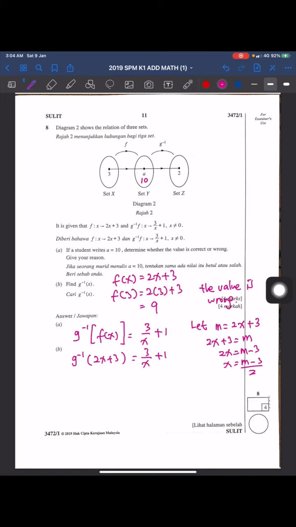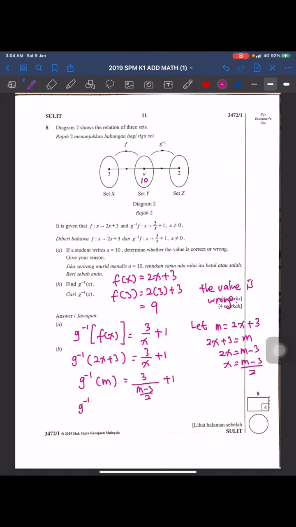So kita cuba ubah. Sekarang 2x plus 3 ini kan sama dengan m. So kita ubah menjadi g inverse m equals to 3 over x plus 1. Kita tahu kalau di sini m, di belah sini pun mesti semua m kan? So x, ni kita dah buat tadi, x is equal to m minus 3 over 2. So m minus 3 over 2 plus 1. So kita permudahkan.